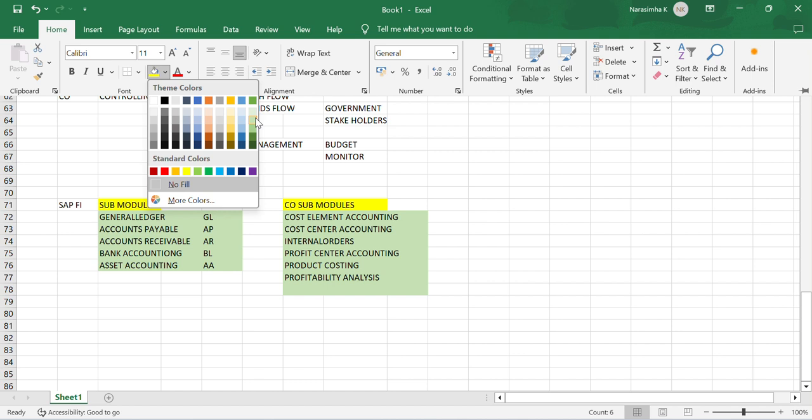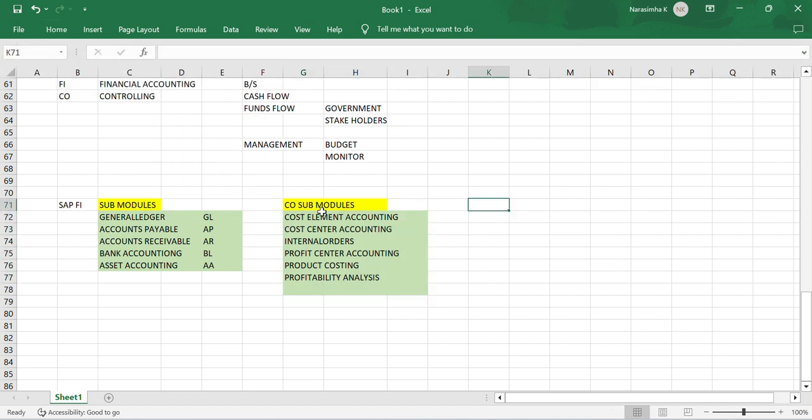So these are the submodules of CO: cost element accounting, cost center, internal orders, profit center accounting, product costing, profitability analysis.